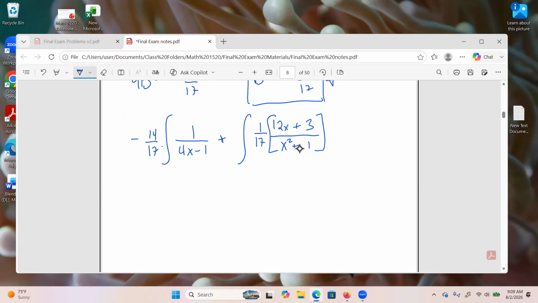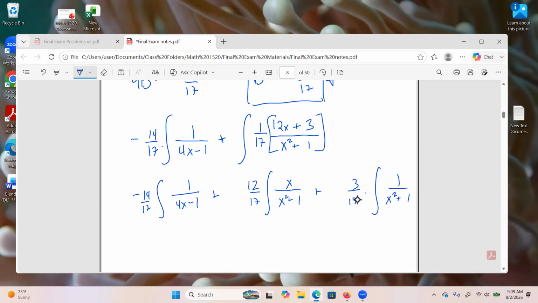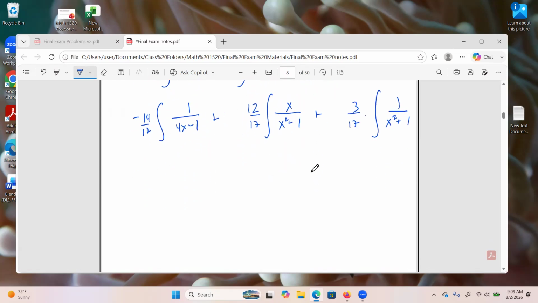So we have -14/17 integral of 1 over 4x minus 1, plus 12/17, because I'm pulling this apart, integral of x over x squared plus 1, plus 3/17 times the integral of 1 over x squared plus 1. I just broke that fraction into two pieces to make it easier. These all have dx's attached to them.